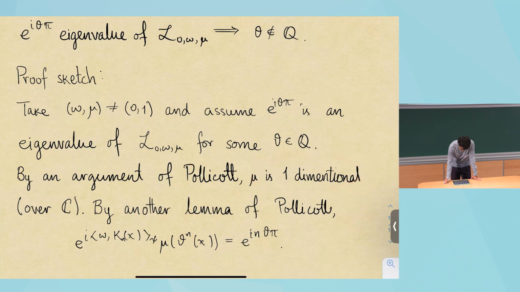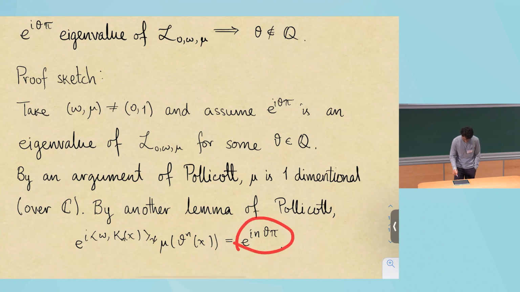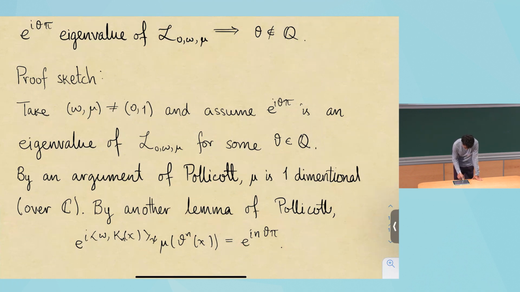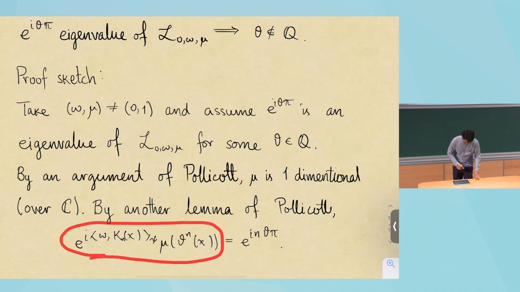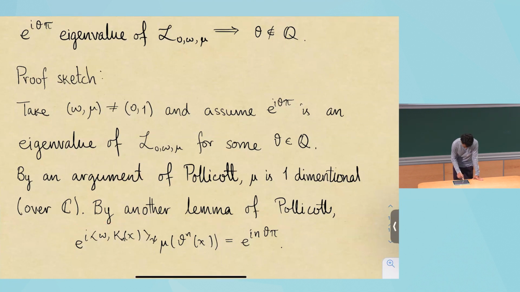You show first that mu has to be one-dimensional, and then this mu part is now just a complex number. And there is another lemma of Pollicott which says that if you have a complex eigenvalue like this, then in the summation formula of the transfer operator, you pick out this imaginary part, and that has to be equal to this eigenvalue.